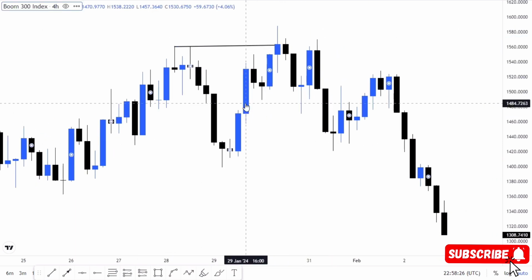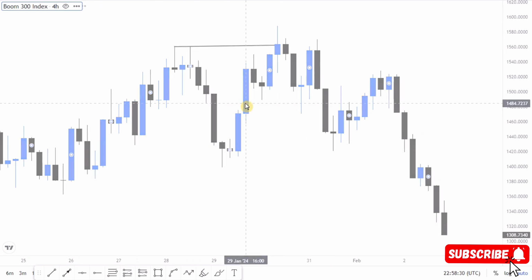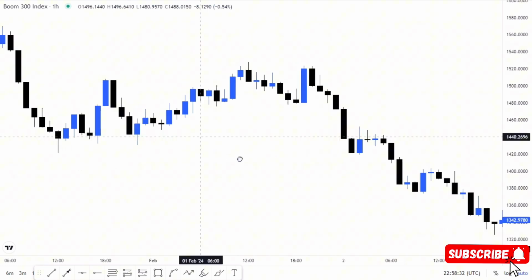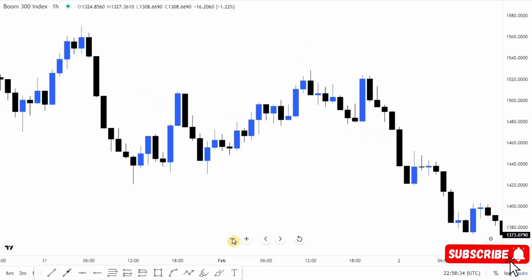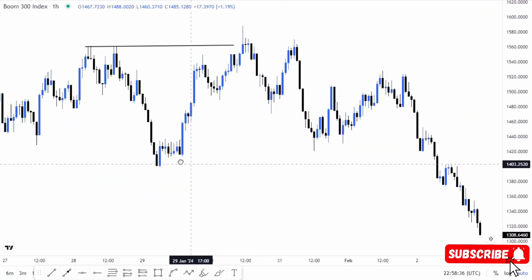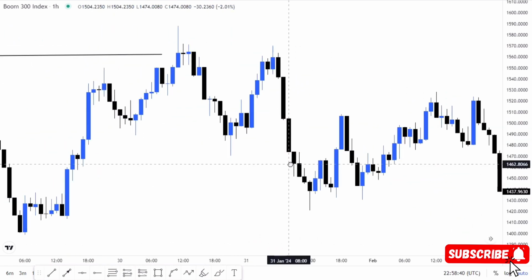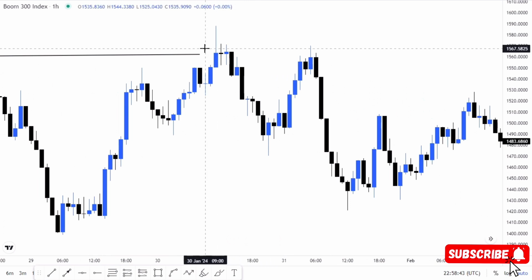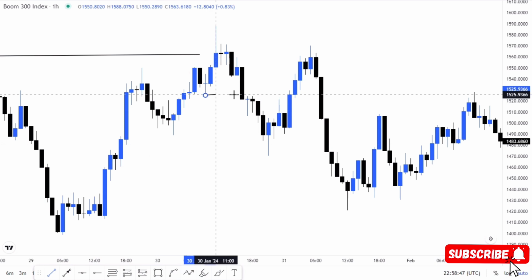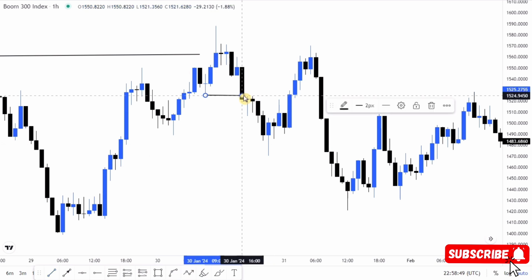All right, let me just put some things in place here. Let's go to the 60 minutes time frame. Let's go back in time, guys. So right here we are now. Now we want to look at the whole thing. Before you can anticipate taking a trade, here we have a market structure shift.